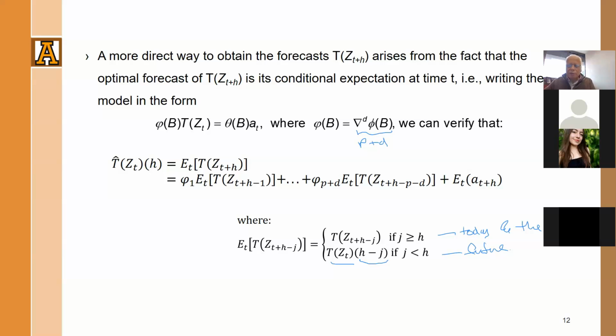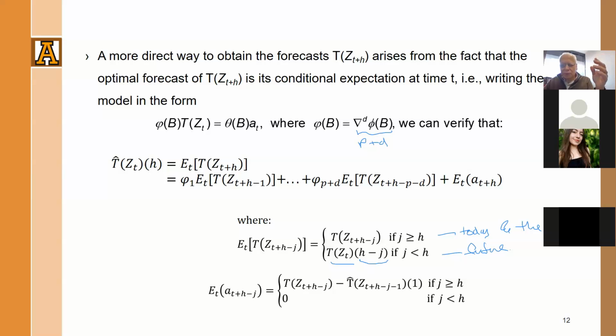So the conditional expectation is the optimal forecast. And the expected value of this term, a_{t+h-j}, if j is greater than or equal to h, is in the past, today and the past. So that will be the errors that I made forecasting what we already know.